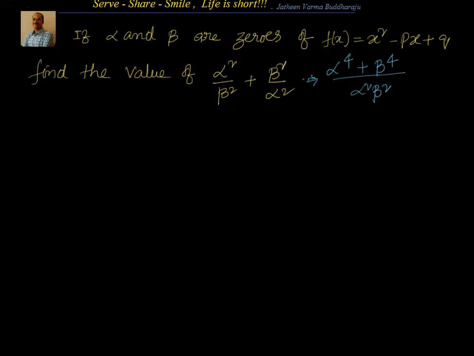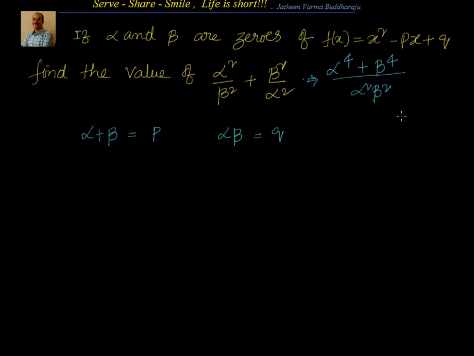First of all, we know that alpha and beta are zeros, so we know the relation between the zeros and the coefficients. So I can say alpha plus beta equals p, that is minus b by a, and the product alpha beta equals c by a, that is q. Now what we have to find out is alpha to the power of 4 plus beta to the power of 4.